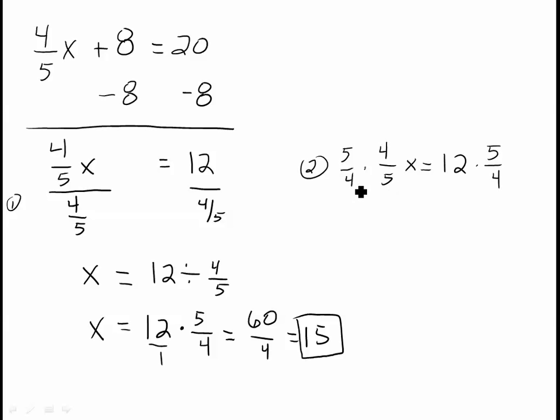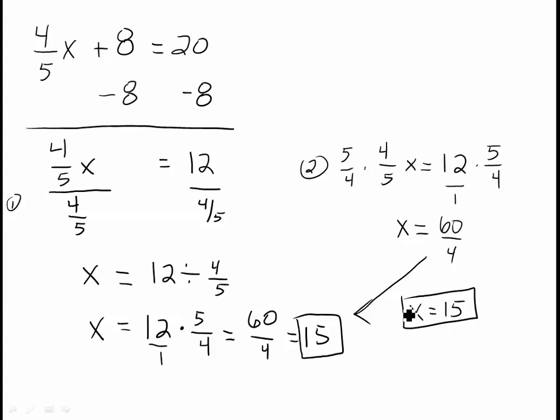Two numbers whose product is 1 are reciprocals, so their product must be 1x. And we're at the point of 12 times 5/4, which will give us 60 over 4 again. And we're left with x equals 15. So our final answer in this case is x equals 15.